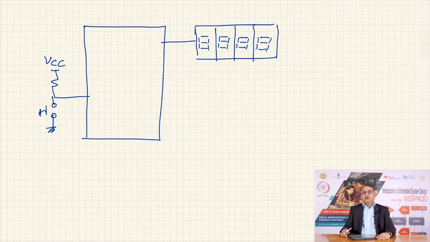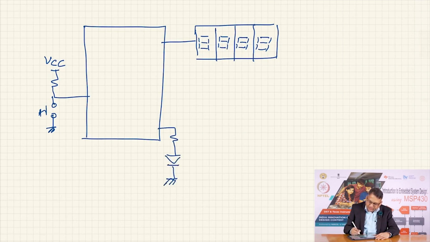Now, how does the user know that the game has been won or has been lost, or the game has gone to the second stage? So, we have to use some indicators. Let us say that we use an LED which is appropriately labeled. So, this could be win, another LED could be to indicate that the user has lost, lose.